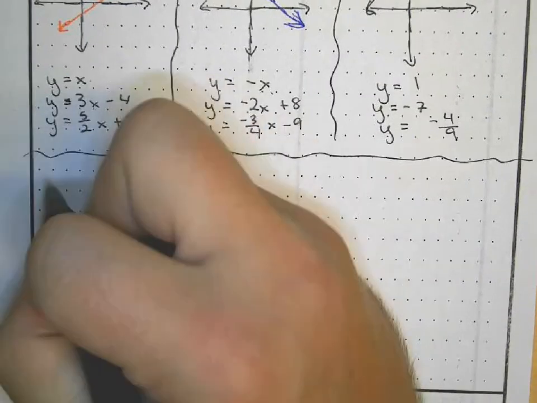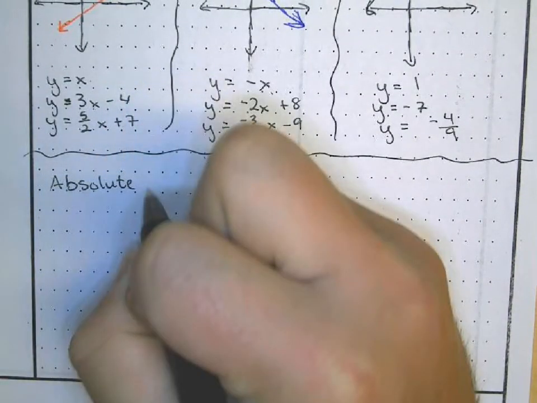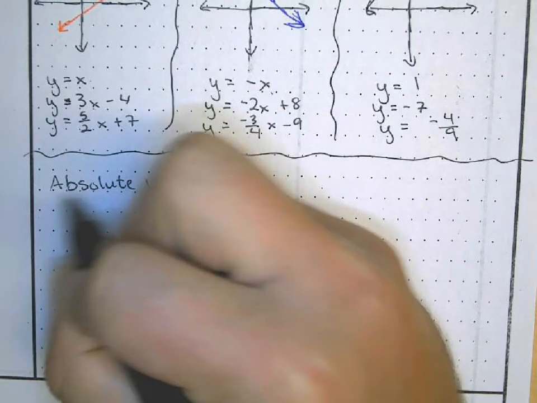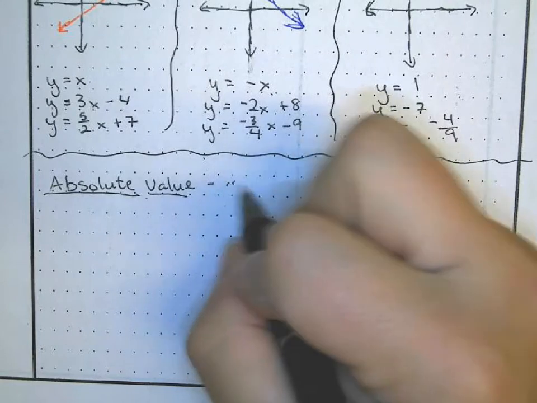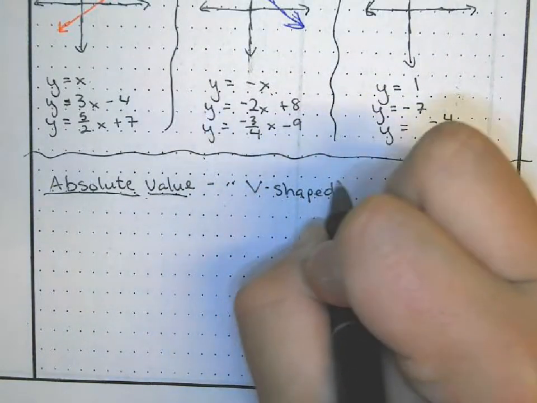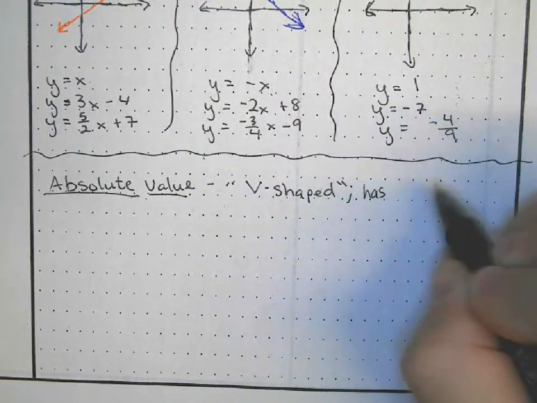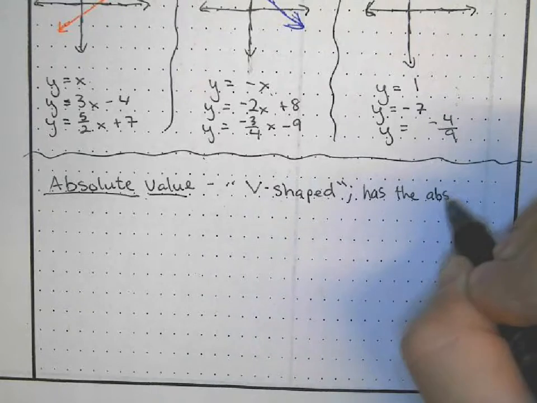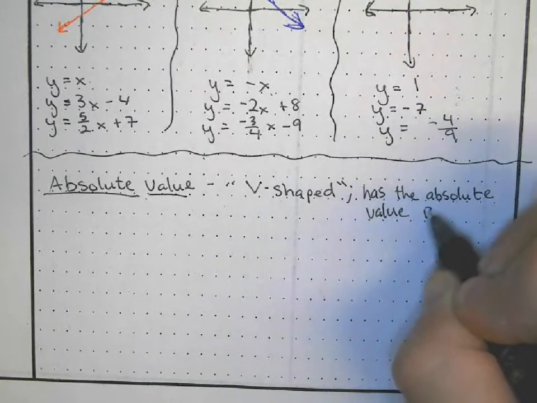Next, we'll have our absolute value family. And this is V-shaped. And the equation we'll have has the absolute value bars.